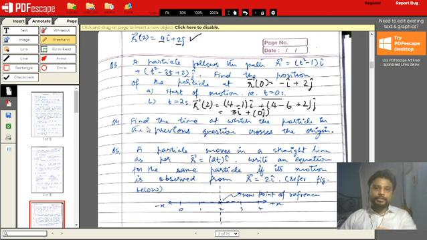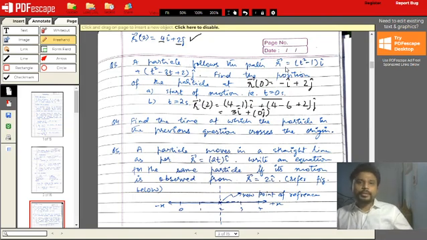Find the time at which the particle in the previous question crosses the origin. So we know that the particle is moving in some particular direction as given by this equation. The question number 4 asks that when would this particle cross origin? So the particle will cross origin when both the x and y coordinate become 0. So let's put these values to 0.